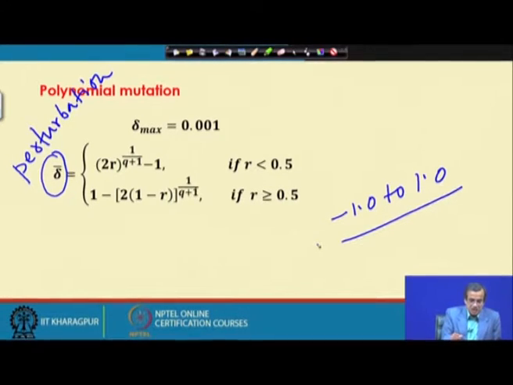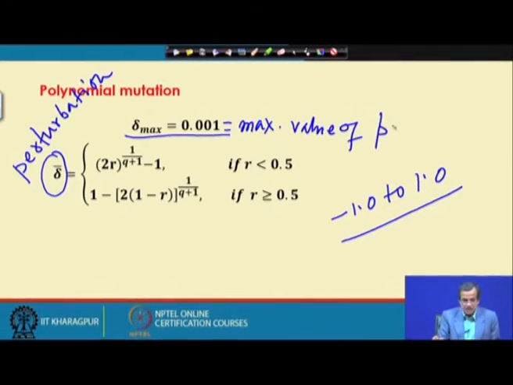Now, here there is one quantity that is called delta max. This delta max is actually the maximum value of perturbation, or the maximum value of dissimilarity, which I am going to tolerate in the mutated solution.